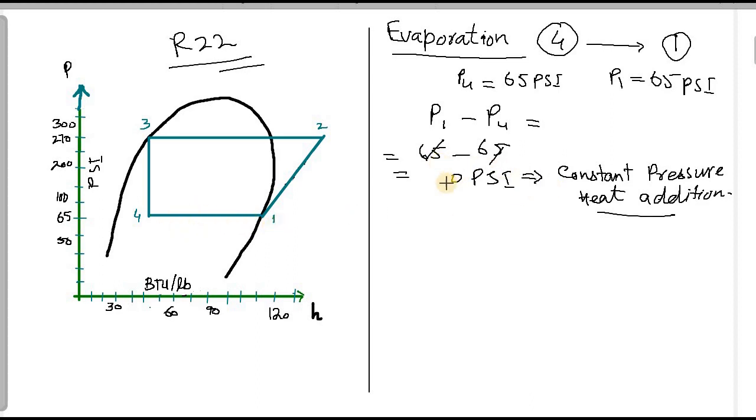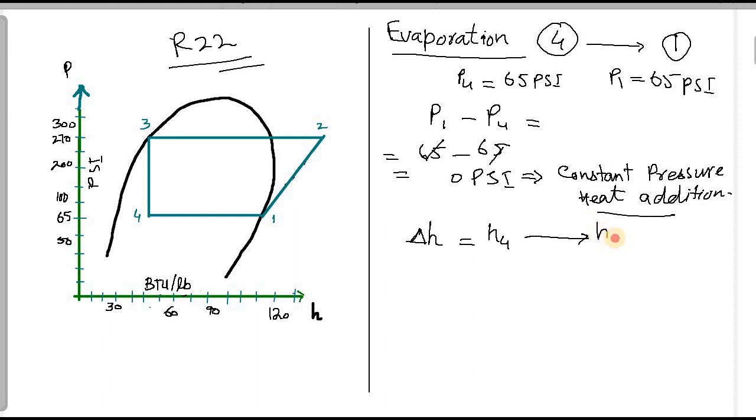Because there is no change in pressure during this evaporation, we can say that this is a constant pressure process. Now the change in enthalpy in this evaporation process will be delta H, which is equal to H4 to H1, because this is point number 4 and here the value of enthalpy will be H4.